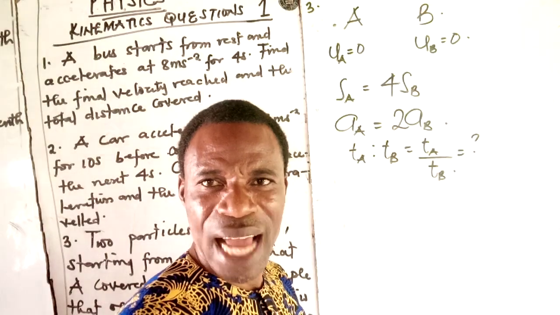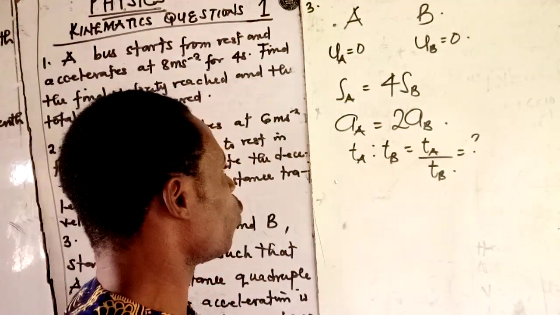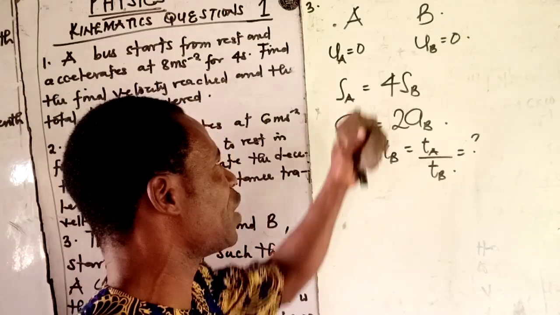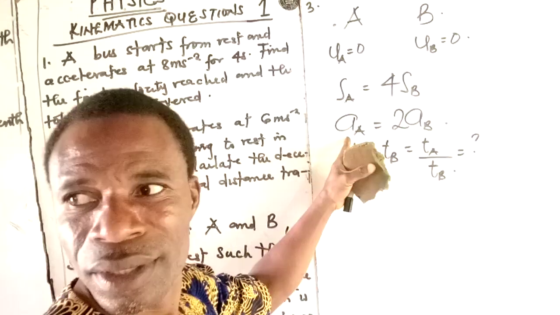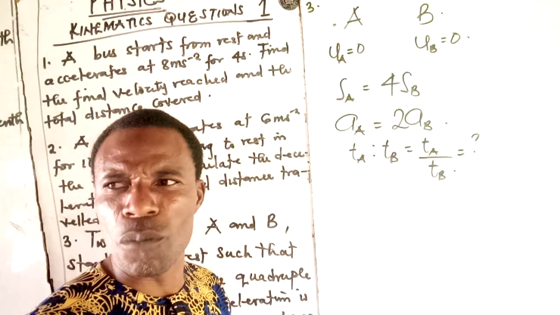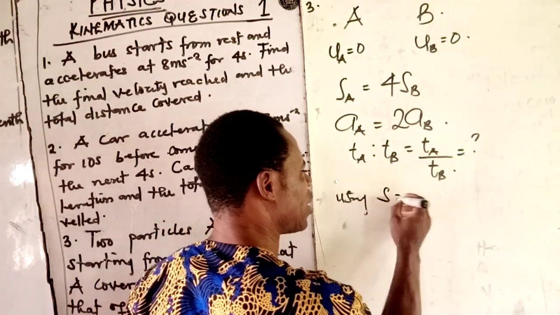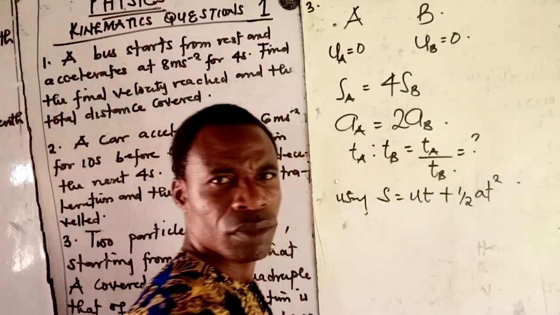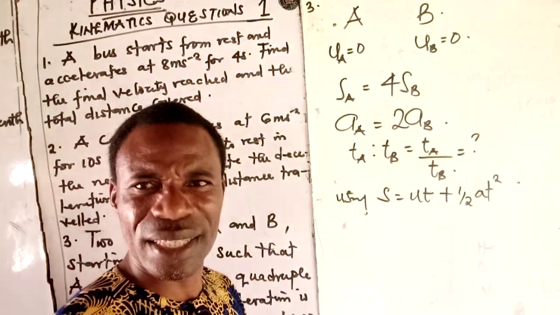Now, looking at this very well, we are given S, we are given A, we are looking for T. Among all the equations of motion, the most suitable is S equals UT plus half AT squared.